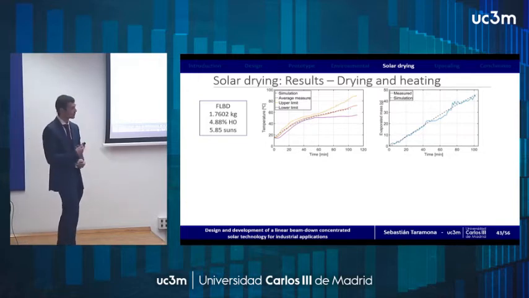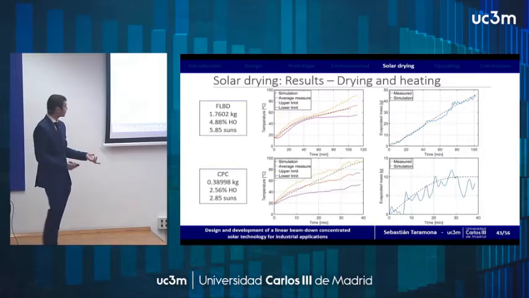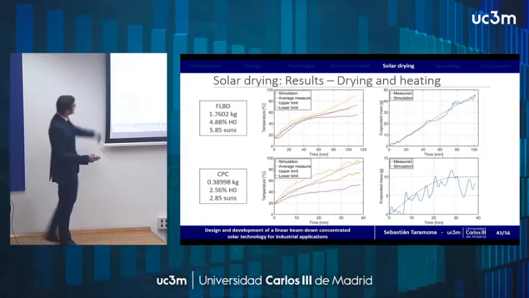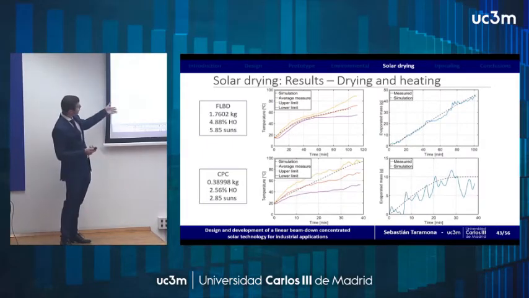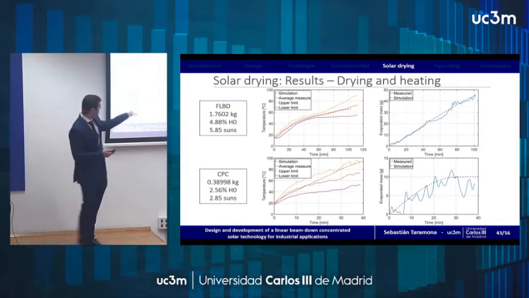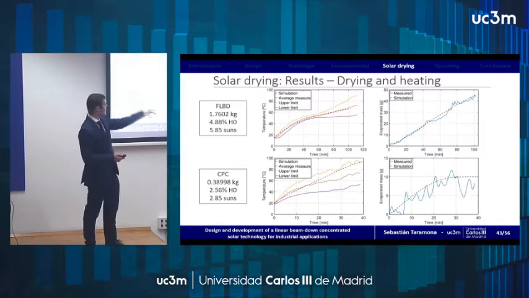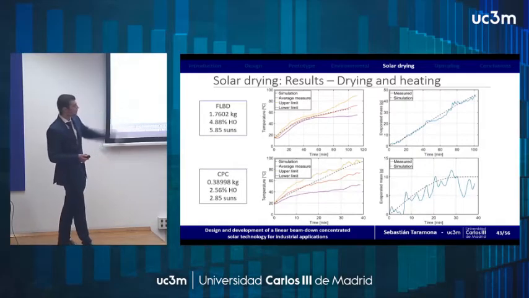That's why we also performed the other test with the CPC, which you can see in this figure. In this case, we have lower mass because the bed is more shallow. We have lower water content and also lower concentration. And you can see that the temperature also falls within the standard deviation range, and on the other hand, in this case, we were able to completely dry up the particles.